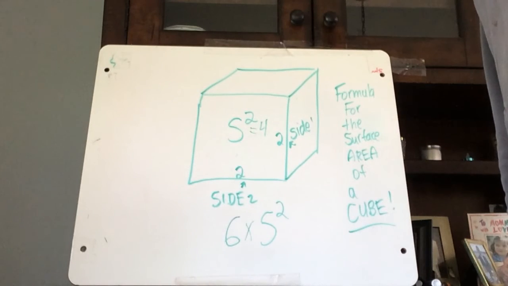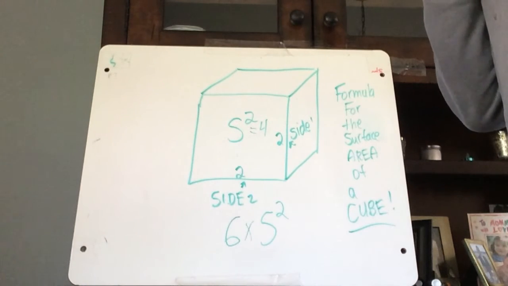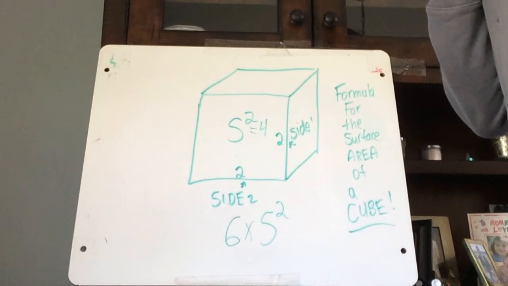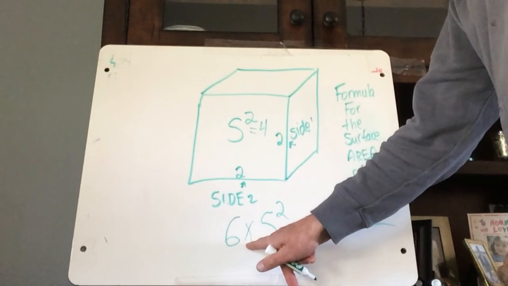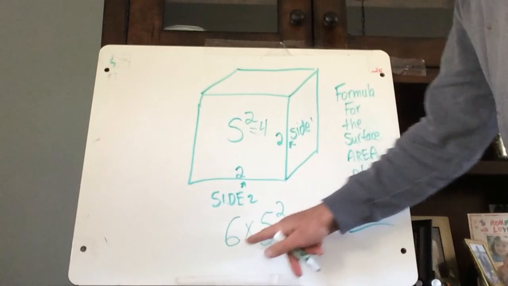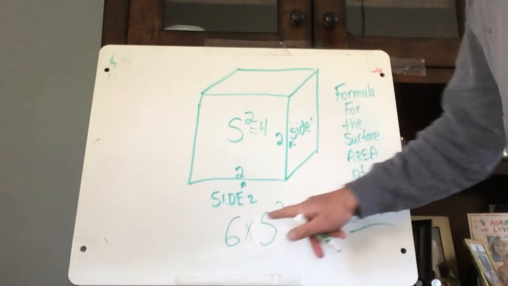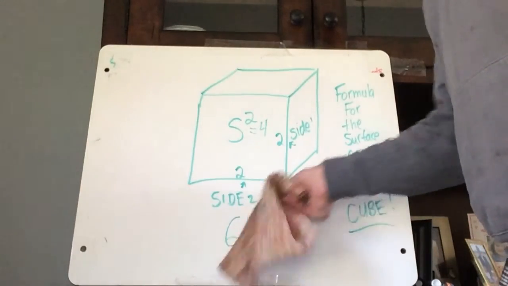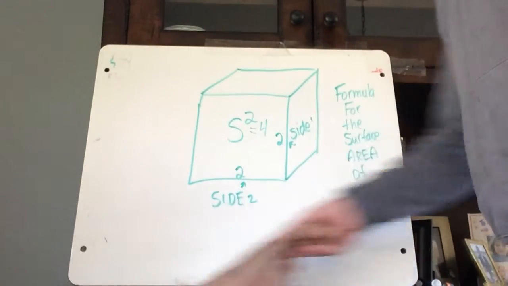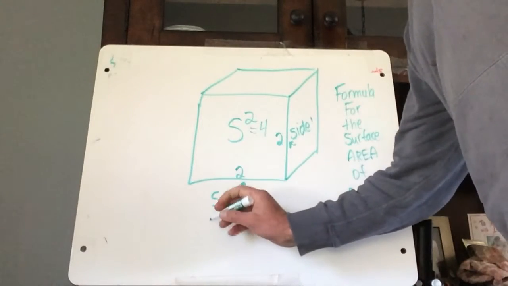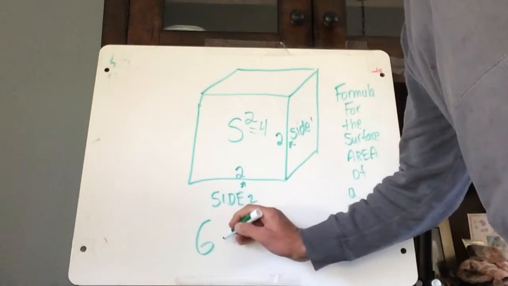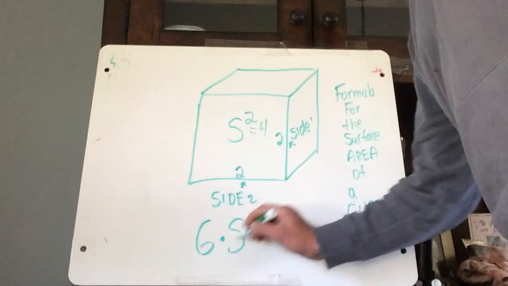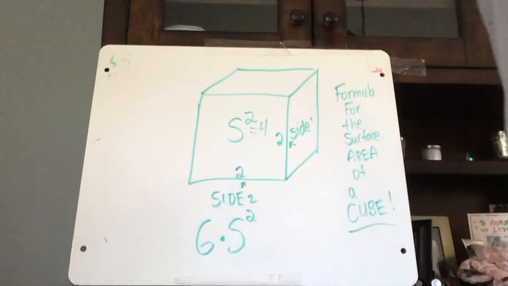It's all congruent. Well, we learned earlier in the year in algebra that I don't want this because it's confusing. It looks like 6 times x times side squared. So I'm going to get rid of this and make it prettier. I can make that prettier by saying 6 times side squared.